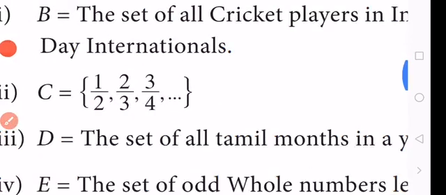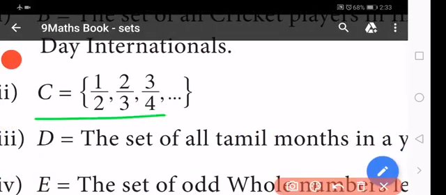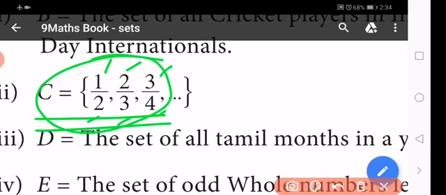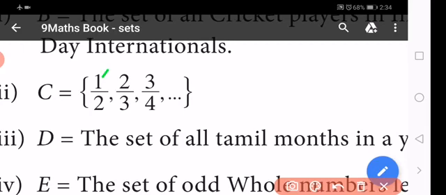First we look at the example, look at the sum. First we understand what is the numerator and what is the denominator in the first number, and the second number also, and the third number. So what are the common properties, or what is the rule or formula used in the set? Here, look, the numerator is 1, the denominator is adding 1 to the numerator.